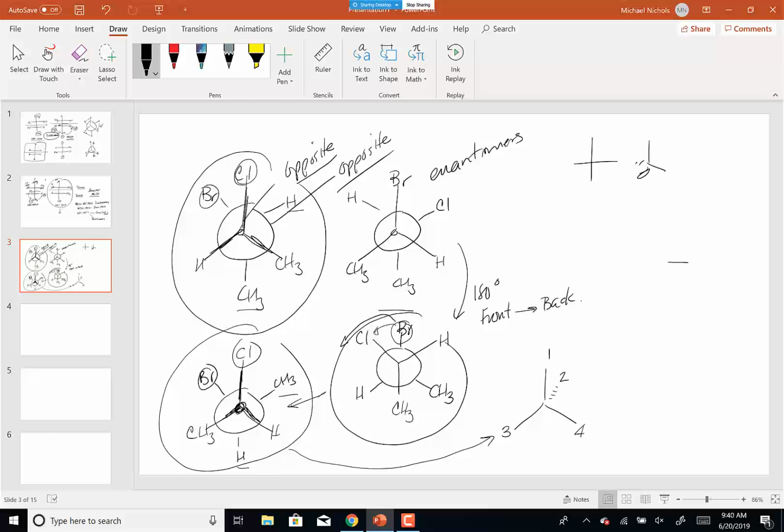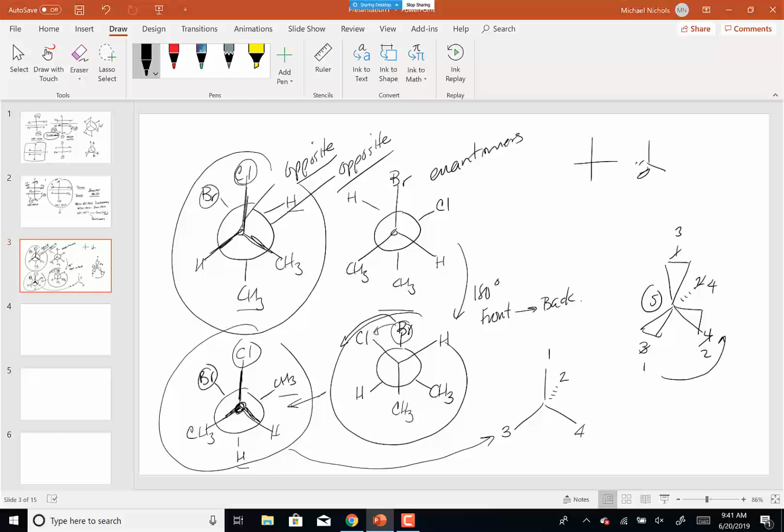So really, it looks like this. So if you want to, you could say, yeah, I have number 1, number 3, number 2 is in the back, and number 4 is there. And the rule is, I got to put number 4 behind me, so I'll switch 2 and 4, and I'll switch 1 and 3. So now going from 1 to 2 to 3 is S. So actually the front carbon has the S configuration.